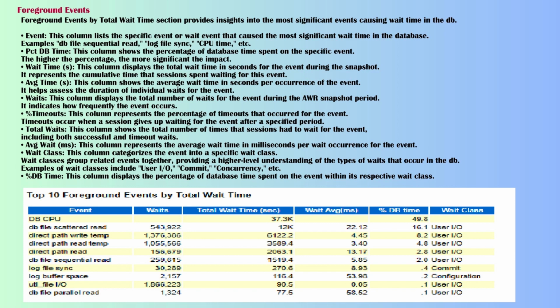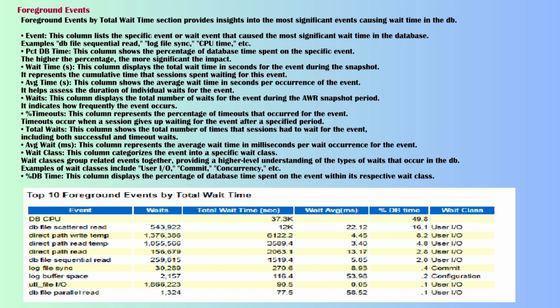This column represents the percentage of timeouts that occurred for the event. Timeouts occur when a session gives up waiting for the event after a specified period. Total waits. This column shows the total number of times that sessions had to wait for the event, including both successful and timeout waits. Average wait. This column represents the average wait time in milliseconds per wait occurrence for the event.